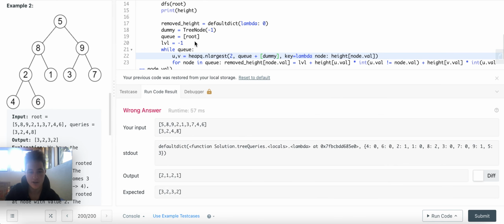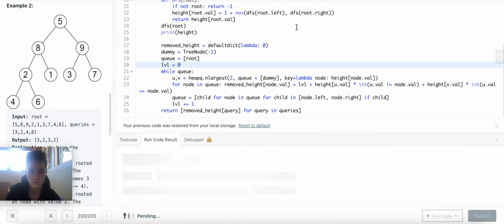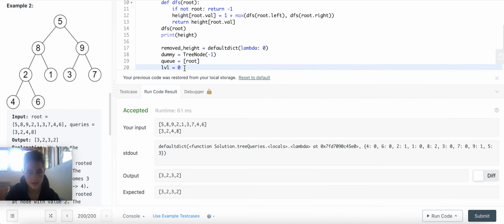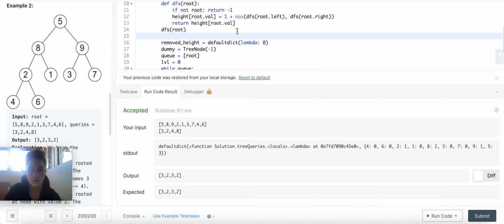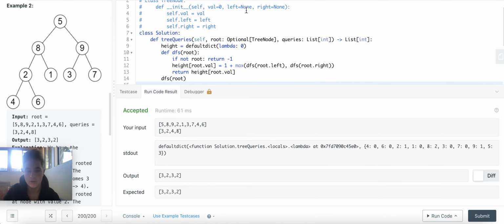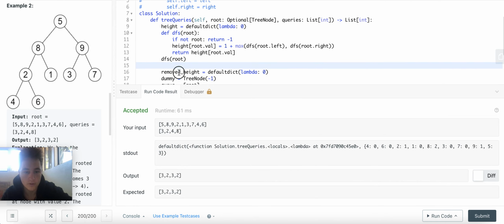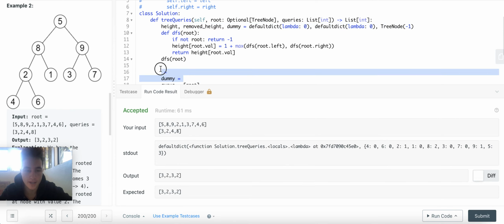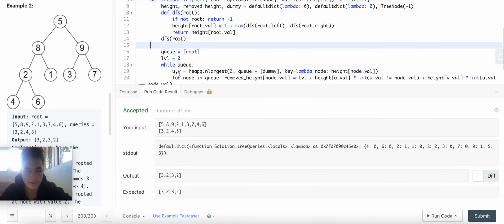Okay, so it seems like everything is off by 1. So maybe level should start at 0. Okay, that looks good to me. There's a standard out. Why is there a standard out? Let's just make this a little bit prettier, because we have a lot of stuff that could go on one line. It's all about making things end up on one line.